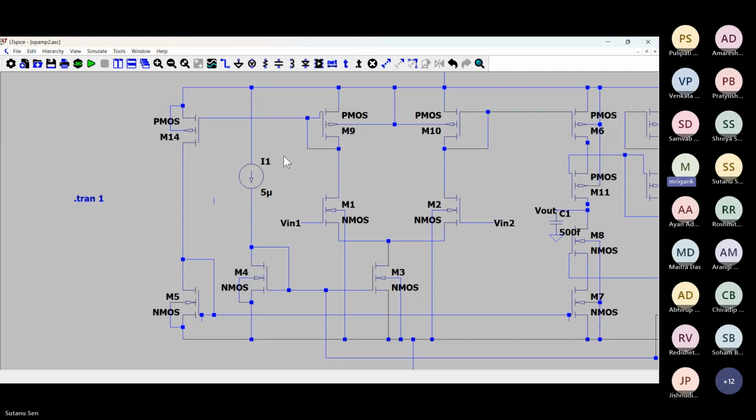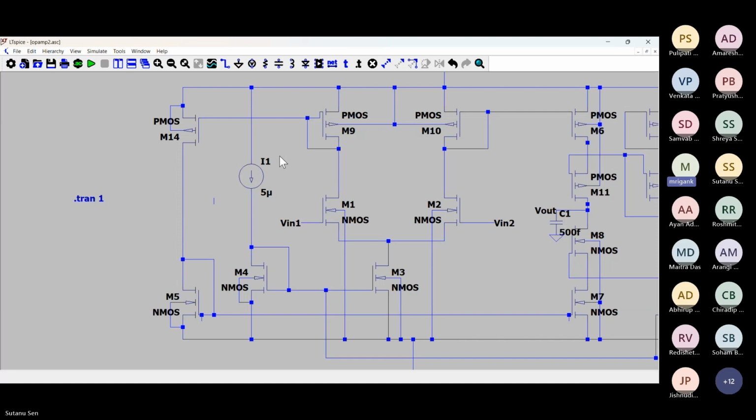Because the channel length modulation effect for M6 is stronger, you are having a load of 3 transistors. As a result, VDS is going to be small. So VSD of M6 is small. As a result, the channel length modulation effect is coming strongly. And then what is happening for the same gate voltage of M9 and M10, M6 is carrying lesser current, right?